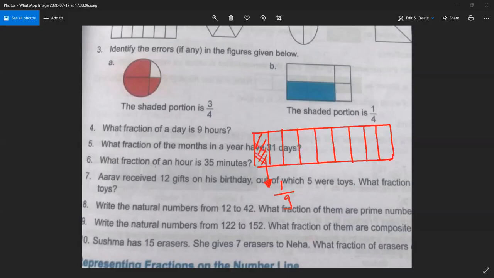Yes, sir. I can, because all the sizes are the same. I can say that the total shaded portion is 3 by 9 or 1 by 3, because the size of each block is the same. Have you understood?